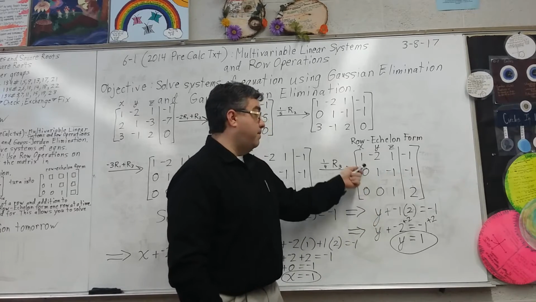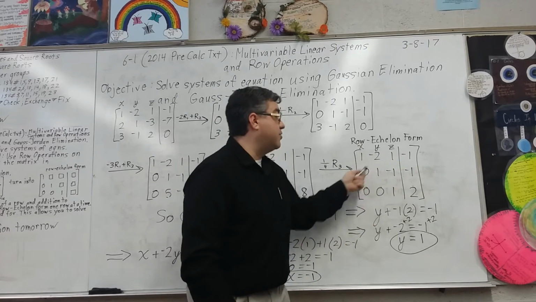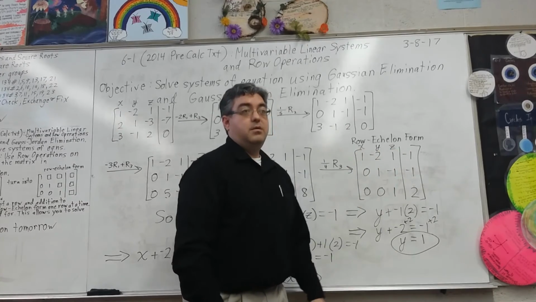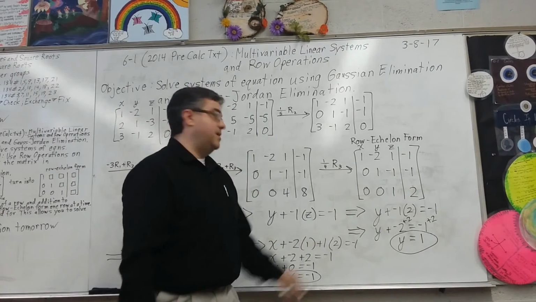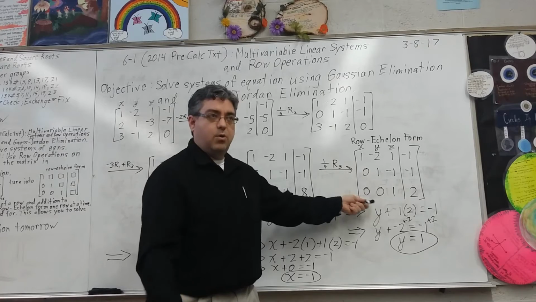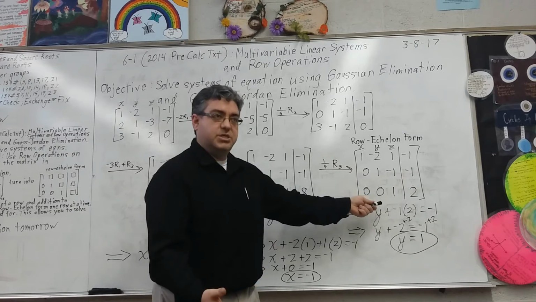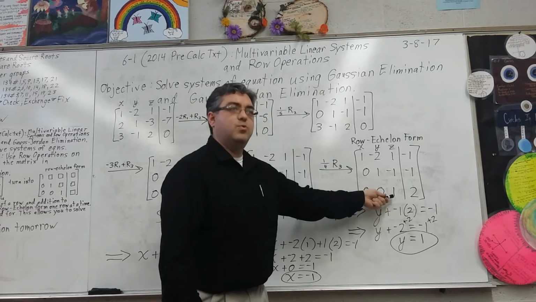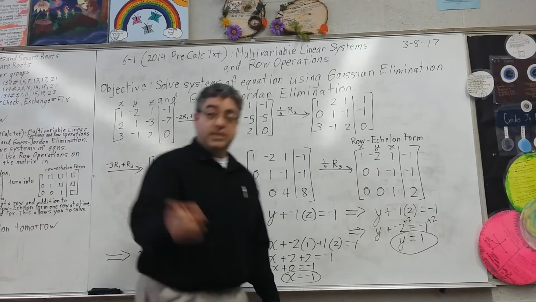Right, but there are other things going on. Oh, since there are 2 zeros there. Right, the only thing. It's 0x, which is 0, plus 0y, which is 0, plus 1z, which is z, it just equals 2. Do you see it now?